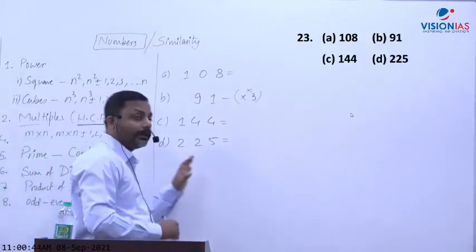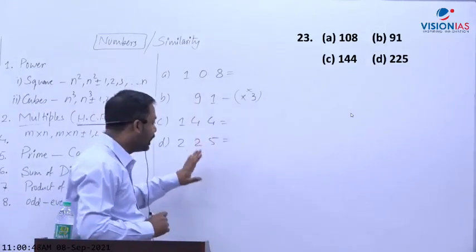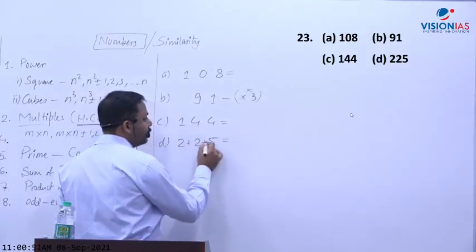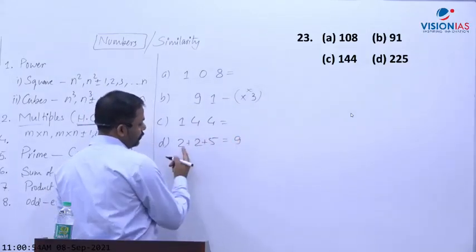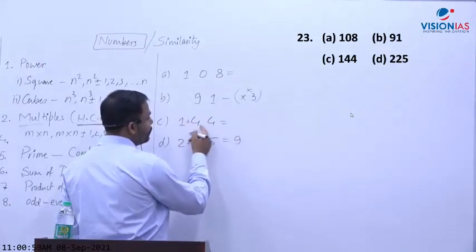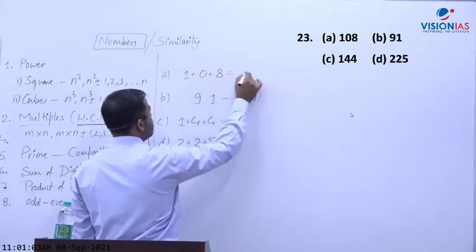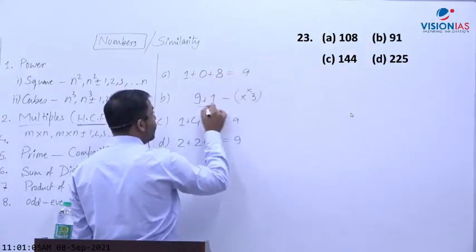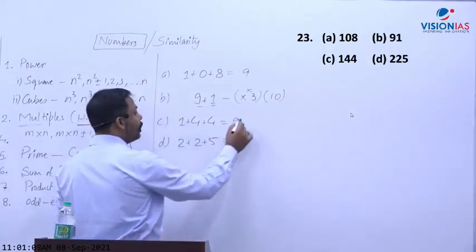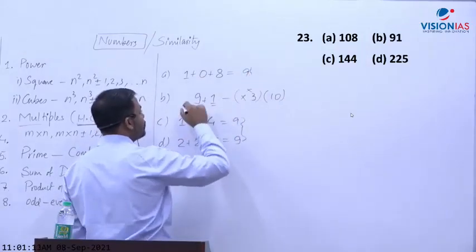Yeah, one more logic can be applied in this particular option, and that is when we add the digits of the number, we will get 9. Like this, 2 plus 2 is 4, 4 plus 5 is 9. 1 plus 4 is 5, 5 plus 4 is again 9. 1 plus 0 is 1, plus 8 is 9. But here when we add these two digits, we will get 10. So in the rest of the options, the sum of the digits is 9, but here it is not 9.